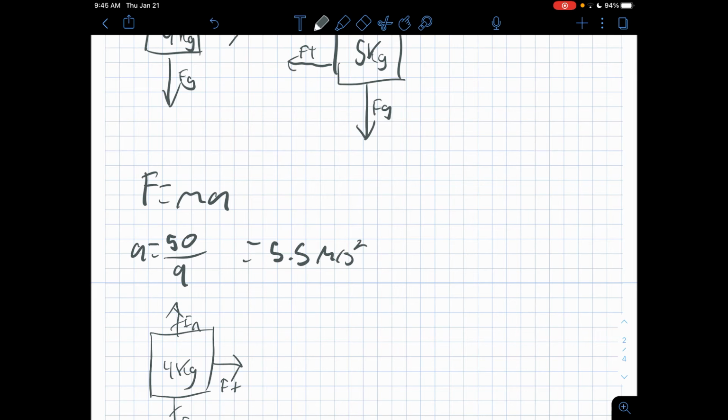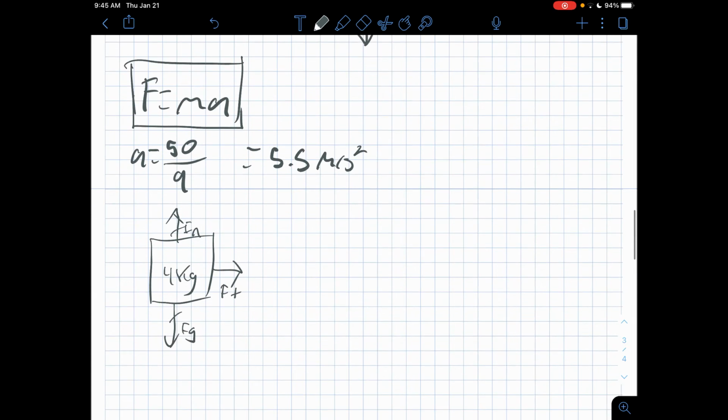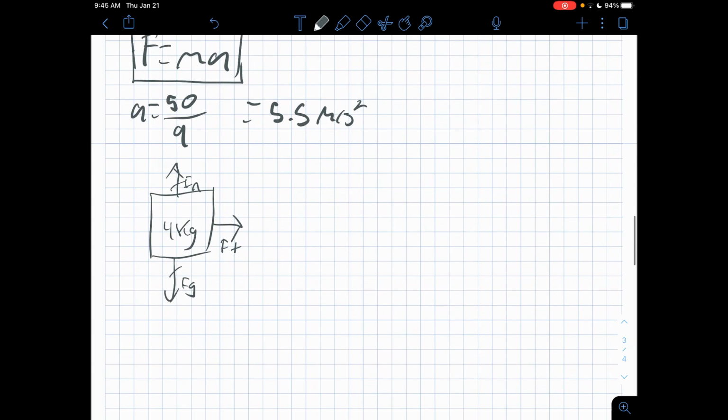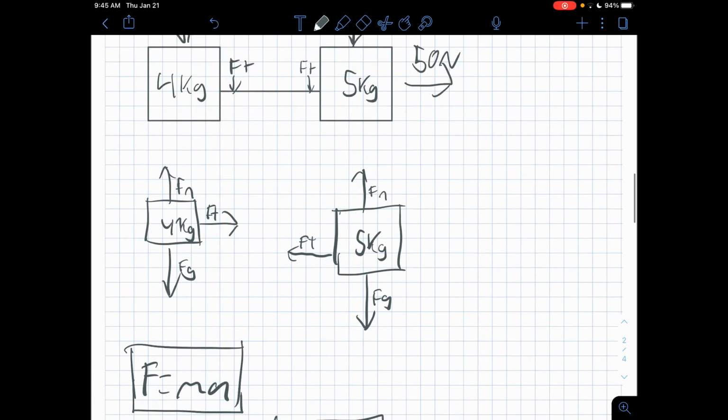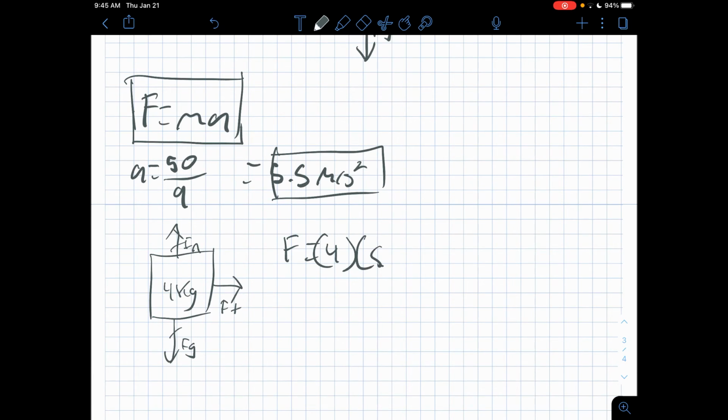And then how do you calculate force again? Well, the formula is right here. To find the total force of this one block, we just use that formula. You get F equals 4, and then we use this acceleration, 5.5, because that's the acceleration of each of these blocks.